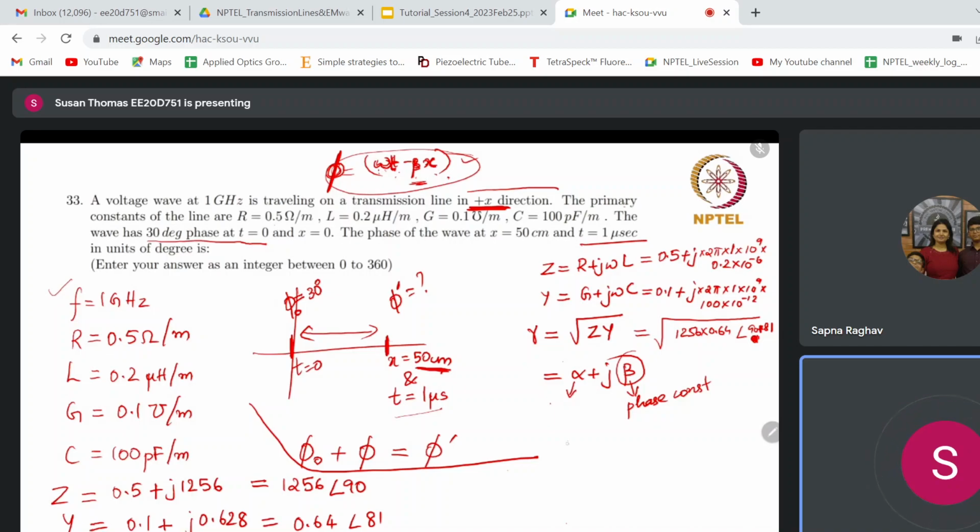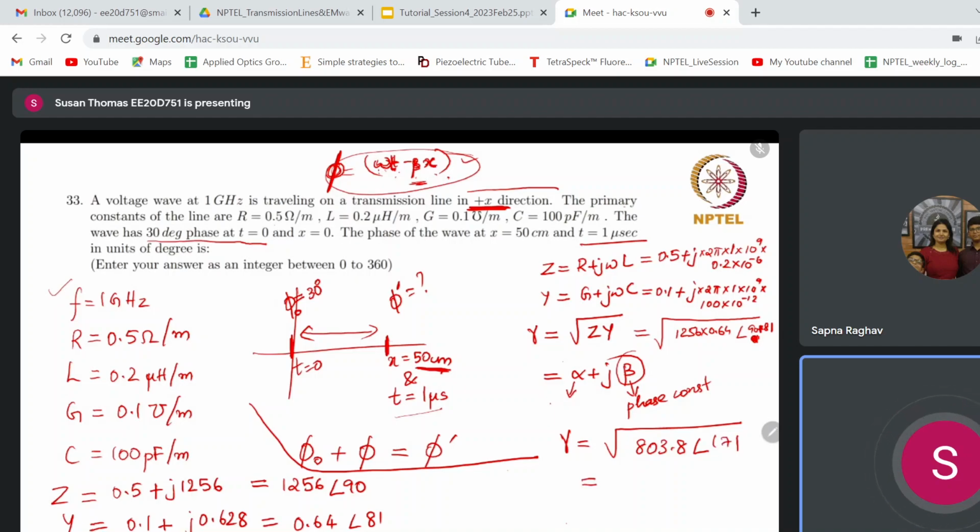So gamma is equal to root of 1256 into 0.64, which will give us 803.8, angle will be 90 plus 81, 171.